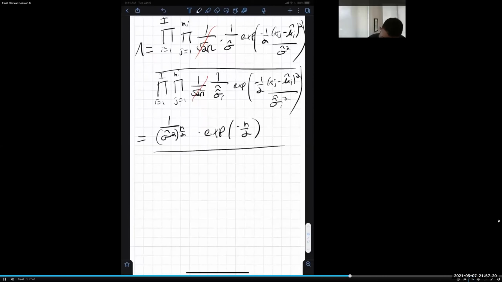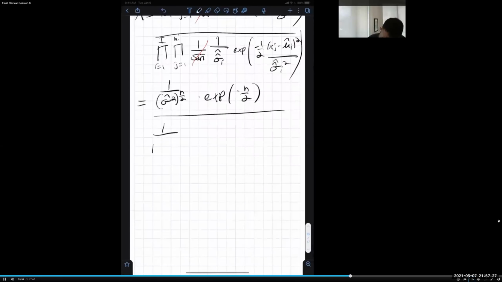And then we're going to get this 1 over, we have to keep one of the products here because this depends on I. So this product can be shifted into the denominator, and then you get the product of sigma I hat, to the power of ni over 2, which from this will be squared. And this comes from this product here. And again, this would just become the exp of negative n over 2.